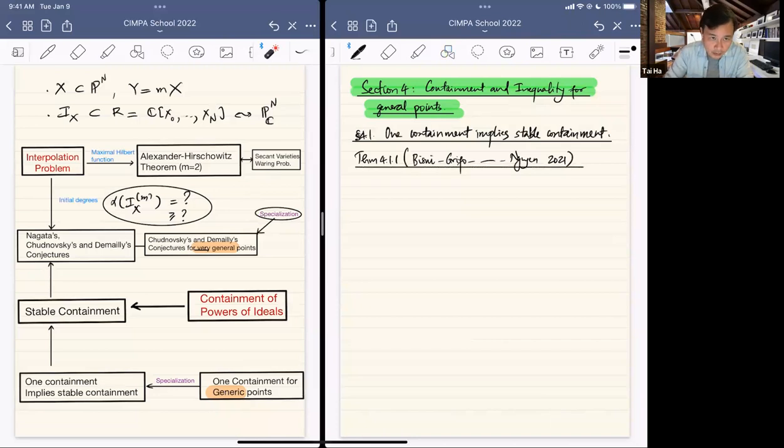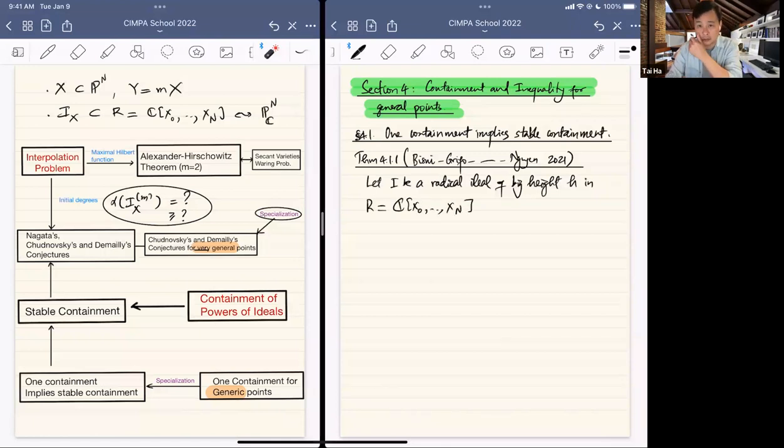We proved that if, again, I is a radical ideal of big height H in the polynomial ring R, and let me just once again say that this polynomial ring corresponds to the n-dimensional projective space.